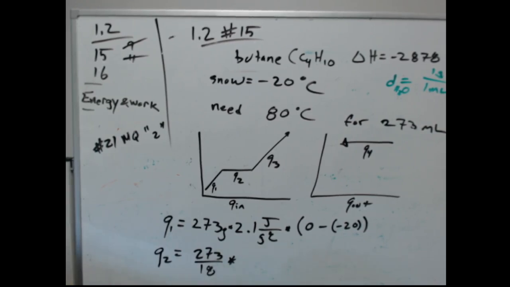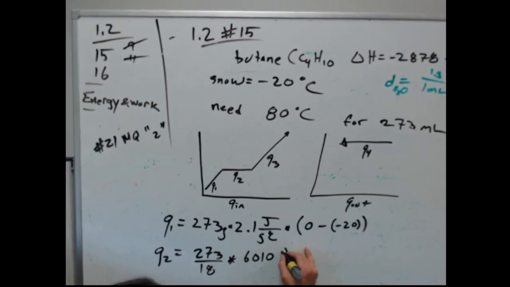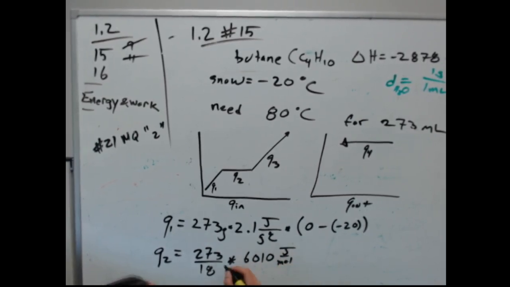I was wondering if I used the wrong number in the last problem. Different problem. One of the big problems people have is the mix-up of kilojoules and joules. So I'm going to go ahead and right away turn this into 6010, so it's in joules per mole. This is going to be grams, this is going to be grams per mole. Grams will cancel, moles will cancel, then look at the energy.